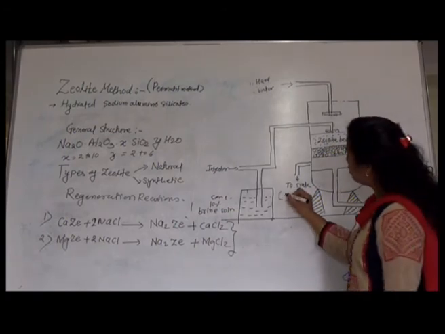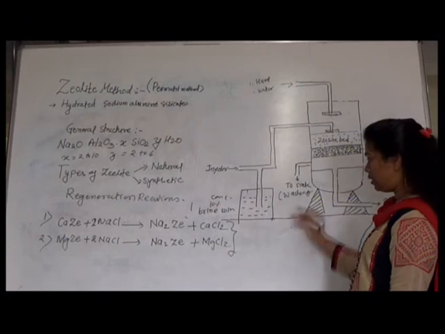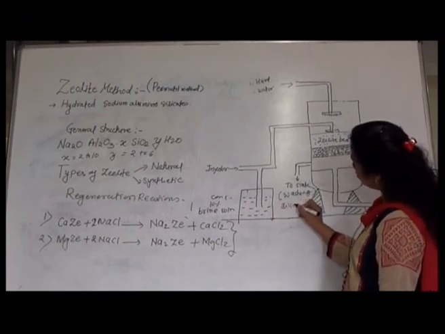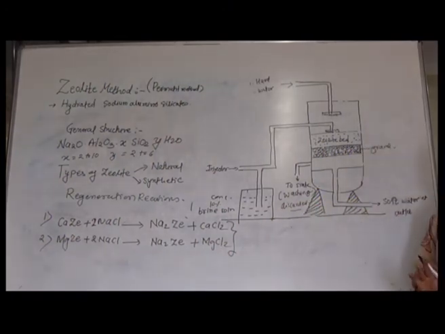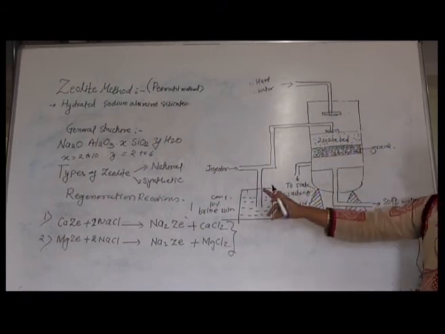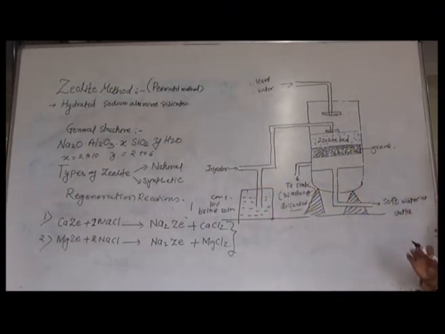So here we can consider this CaCl2 and MgCl2 as washing, and this washing is discarded. In this way we can regenerate sodium zeolite from exhausted zeolite like calcium zeolite and magnesium zeolite. In this way we can use this zeolite softener for the further process of softening of water.